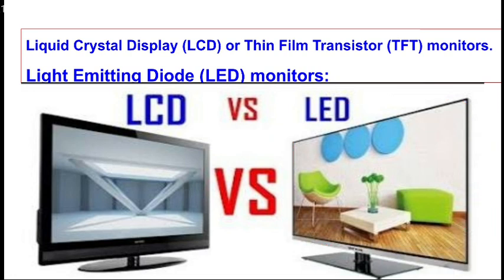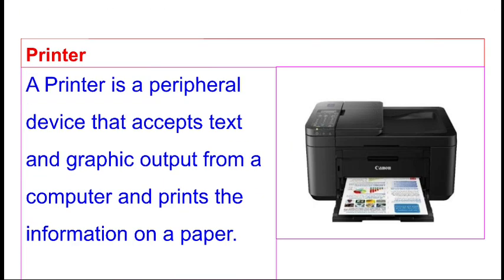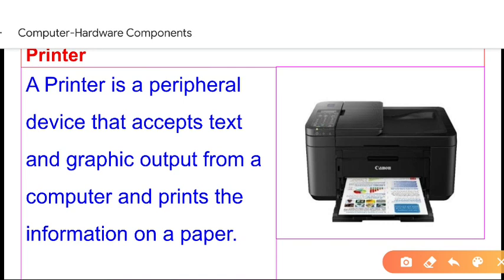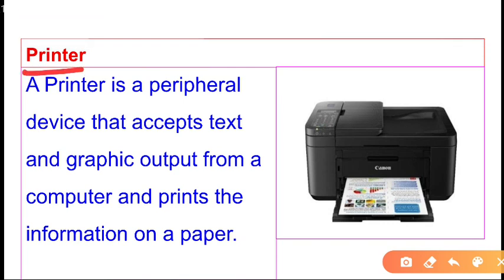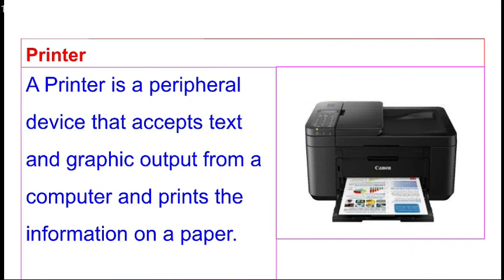So let's move on to the next type of output device, which is called a printer. You might have seen this printer. A printer is a peripheral device. I already told you about peripherals in the previous classes.